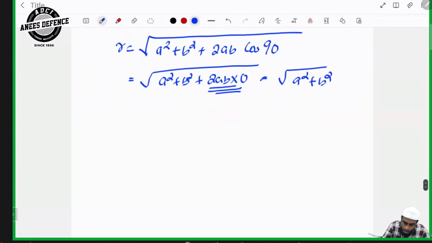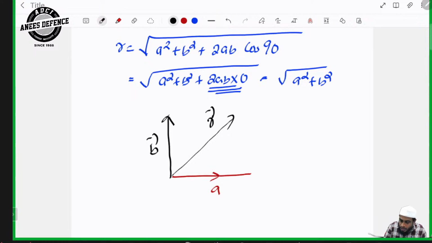So you have a vector A and you have a vector B. Both are perpendicular. That is theta equal to 90 degree. Then the resultant will be a vector R whose magnitude is root of A square plus B square. Here theta value is 90 degree.